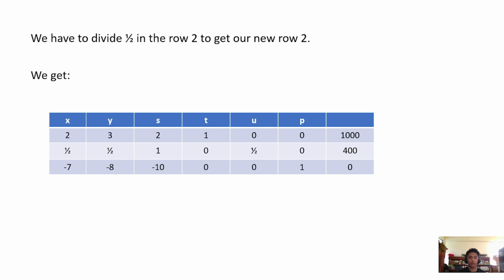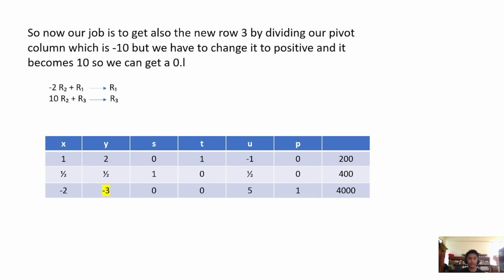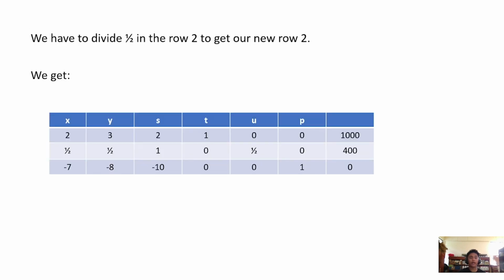Okay, so now to get our new row 1, we divide row 2 by 2 and add the old row 1 to get the new row 1.